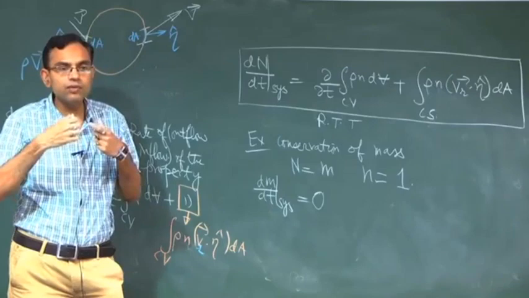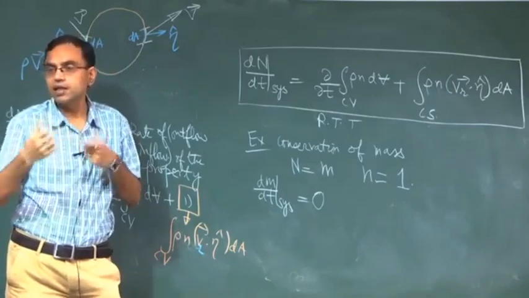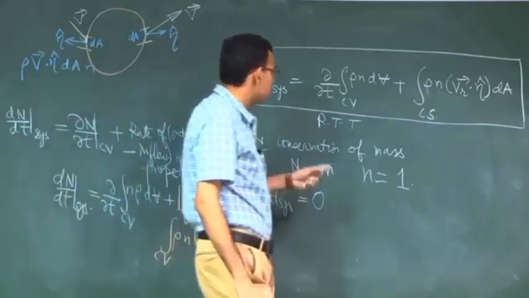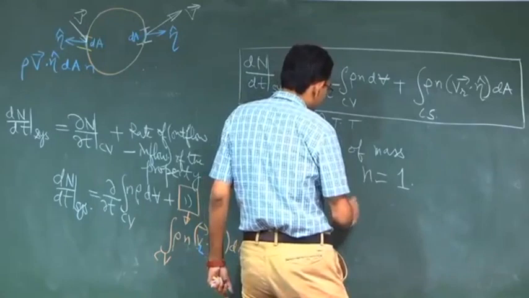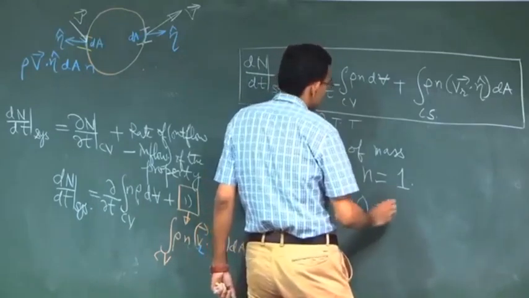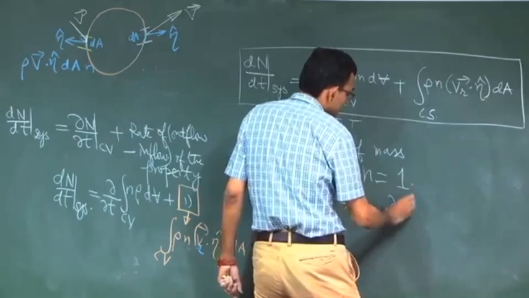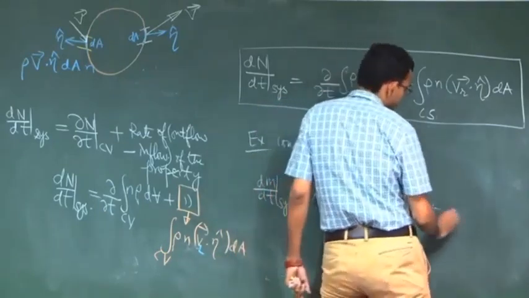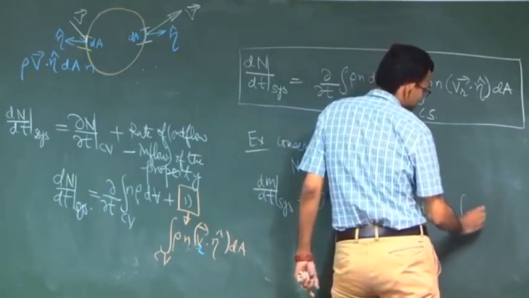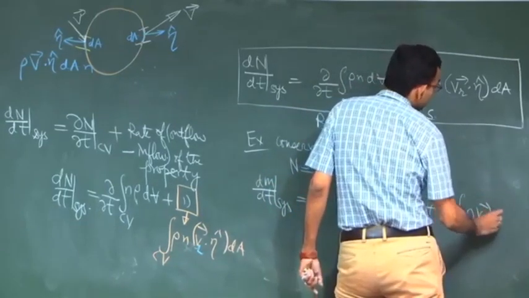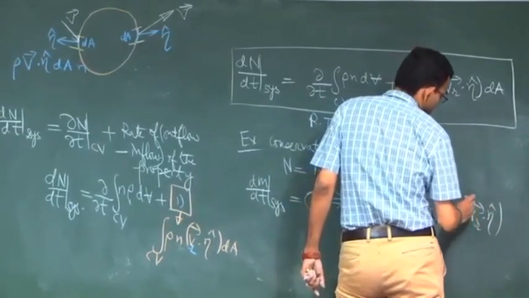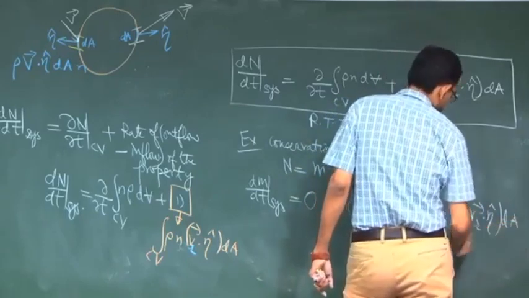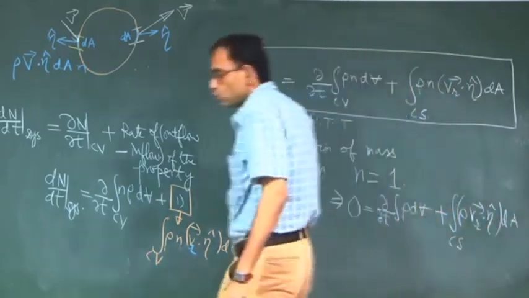Until and unless we are looking for relativistic situations where there is an interconversion of mass and energy, that is not what we are considering here. So, we have this equal to 0. Therefore, we are left with the equation to proceed further.